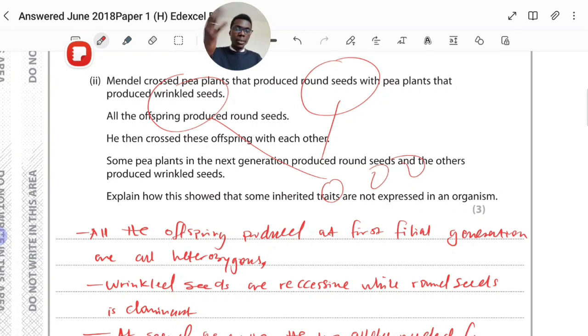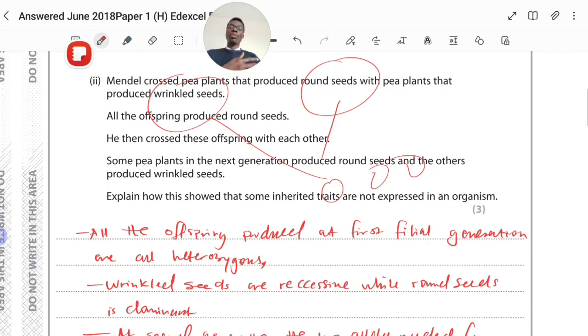For example, let me give you this instance. Let's imagine that my mom is short and my dad is tall. And some of them made me. So the gene or the allele for shortness is in me. But of course, I came out to be tall. You can tell from my fingers. Now, that means that the allele for being short is in me, but it's not dominant. It is recessive.